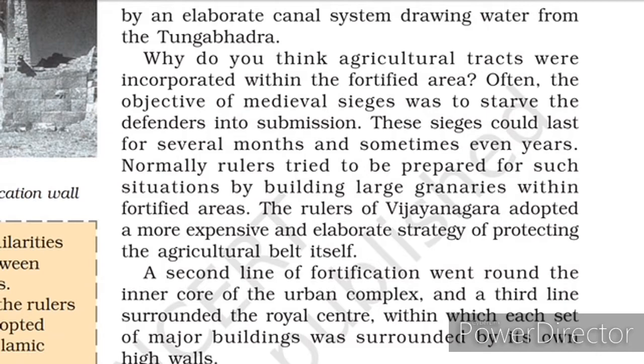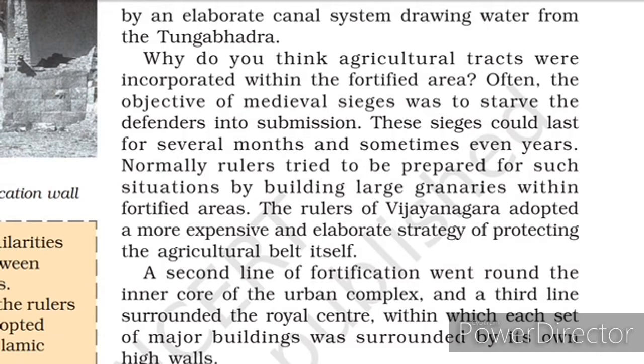But the king of Vijayanagar had this thinking, that whenever there is a kind of siege, my countrymen should not go hungry. That is why he had all the things under him. That means he protected the paddy fields, he protected the water services, he protected the land, that is why he had the outer wall, protecting the land which is growing crops, then protecting the water, so that everything is found within his reach even after some kind of attack.